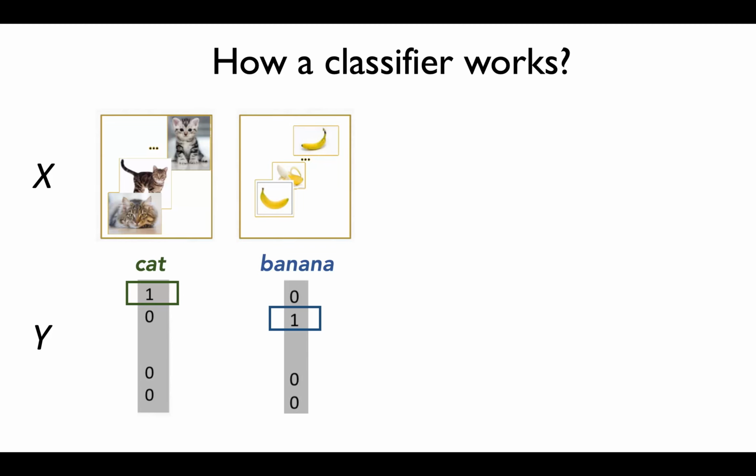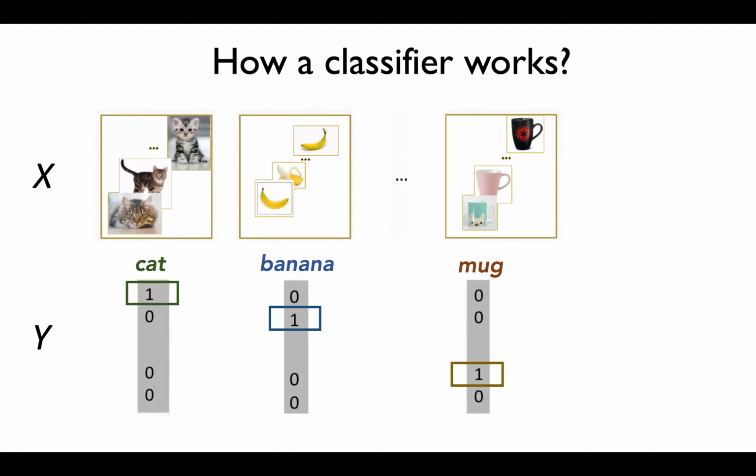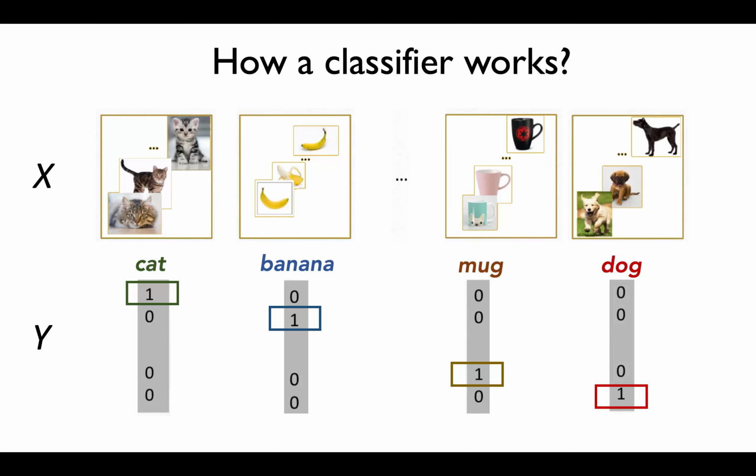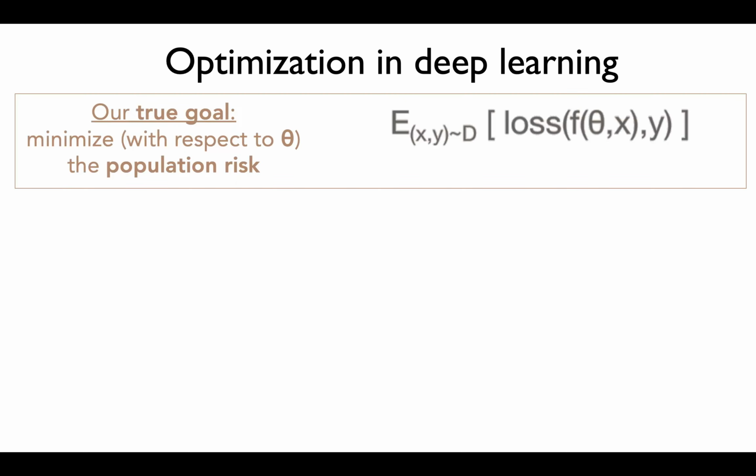In the case of another category, the second item in the last layer should be set equal to 1. And similarly for mug, which is in this case the second last entry, and finally a dog, which is the last entry, should be 1. So we want to learn a mapping in which if we are given an input image, we are able to describe which class it belongs to.